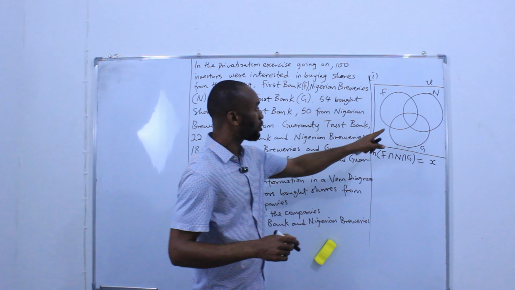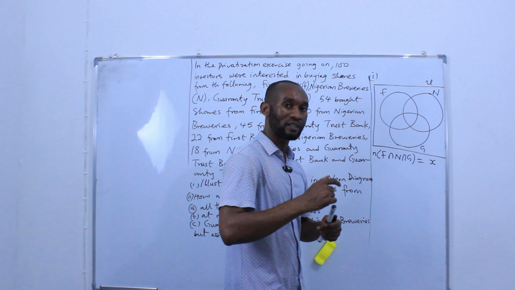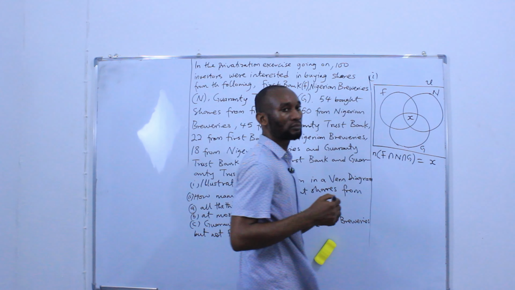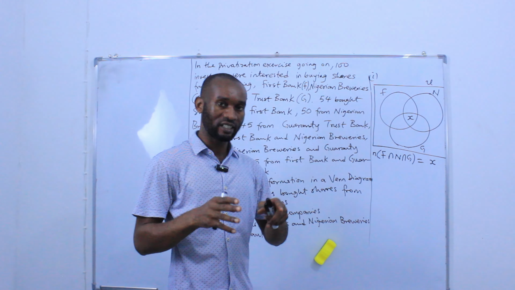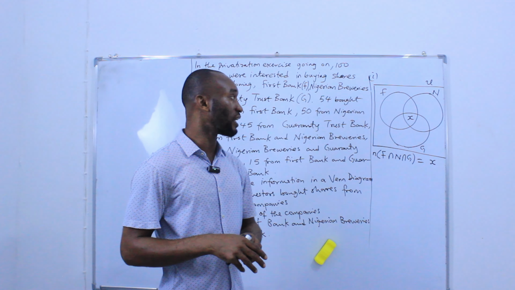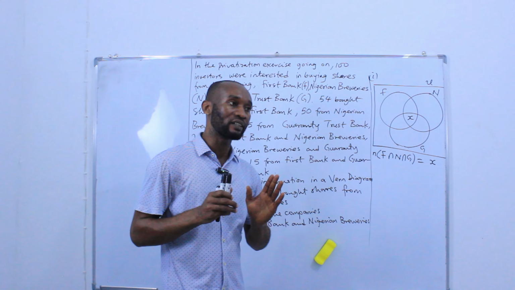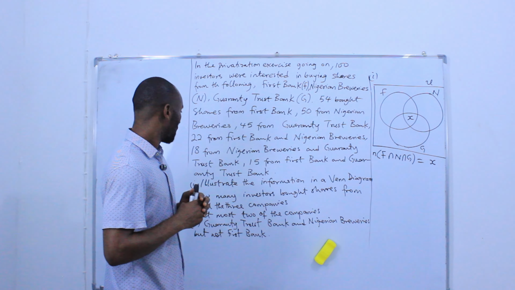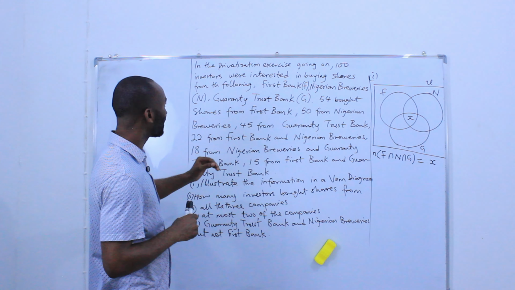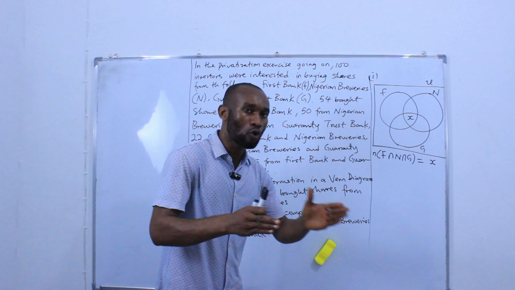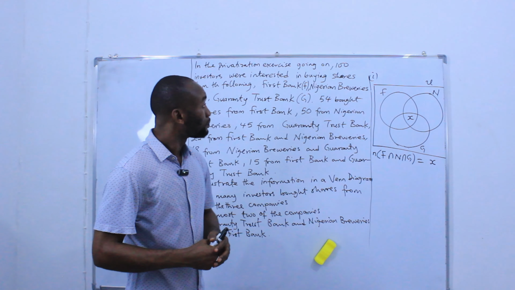And the portion of the set that represents that X is the center overlap. That center portion, where the three sets come together, represents the number of people that bought from all the three companies. Now we go ahead to interpret the number of people that bought from two companies at the same time.